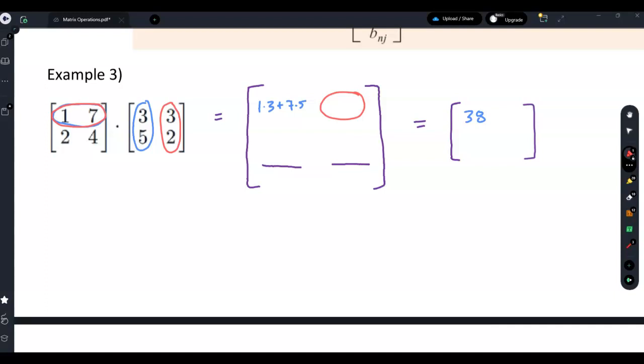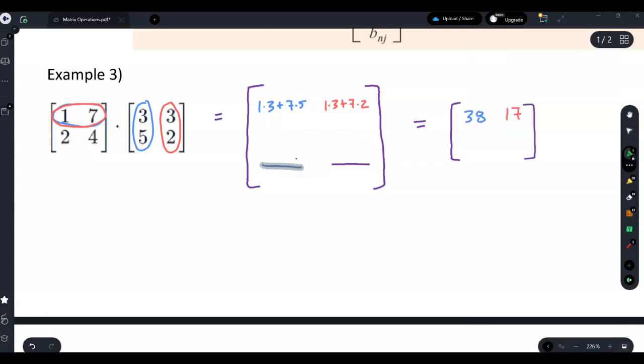So I took the first row of the first matrix times the second column of the second matrix. This is going to be 1 times 3 plus 7 times 2. In this case, that's 3 plus 14, so that's going to give me 17.